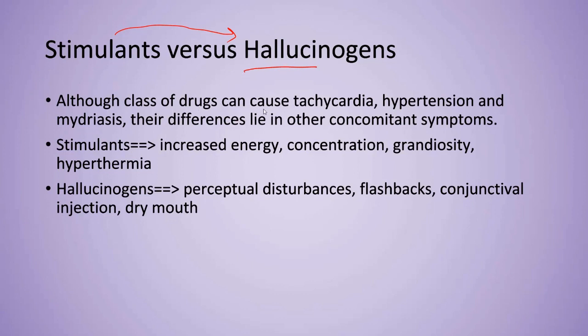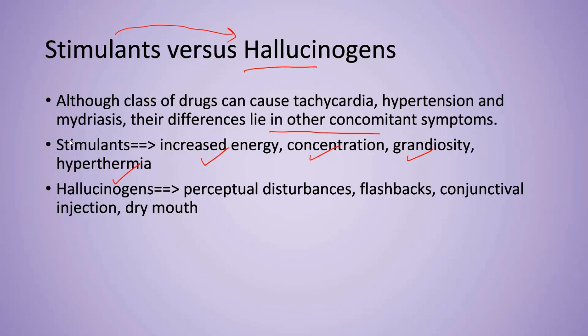So although this class can cause tachycardia, hypertension, and mydriasis, their difference lies in the concomitant symptoms. Stimulants cause increased energy, concentration, grandiosity, hyperthermia. Hallucinogens can cause perceptual distress, where they can cause flashbacks, conjunctival injection, dry mouth. Obviously, these are distinguishing features of different drugs, which we will discuss.